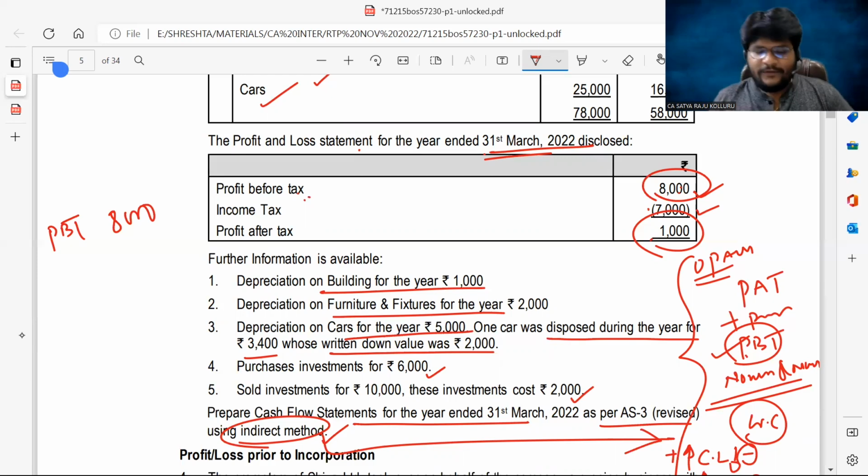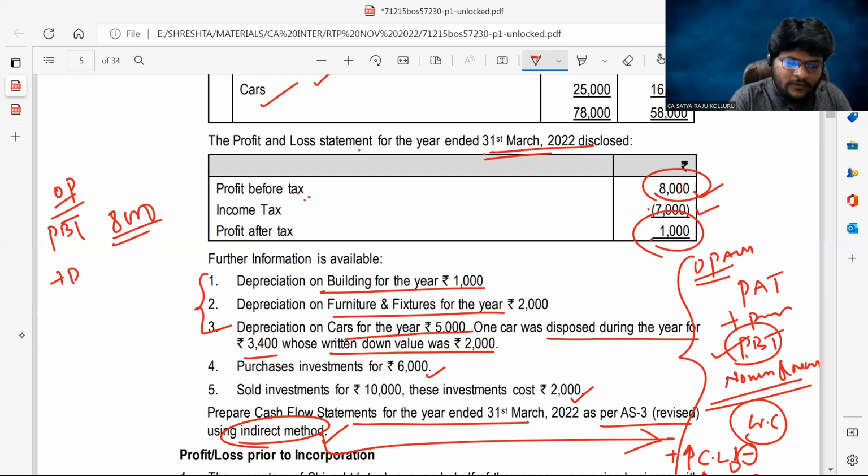Now, first, let us work out the operating activities quickly, guys. PBT was given, which is 8,000, right? We need to adjust non-operating and non-cash items. First, all these depreciation components you need to adjust. All the depreciation components. Non-operating items. What are the non-operating items, sir?